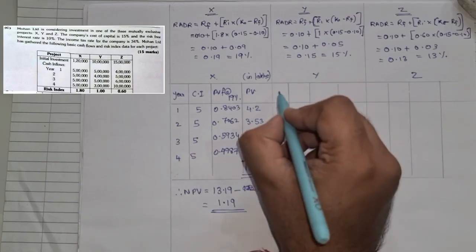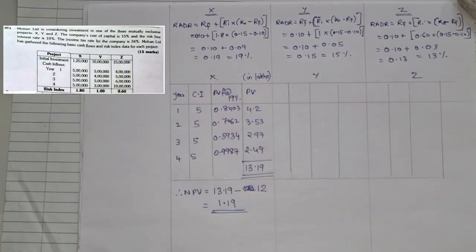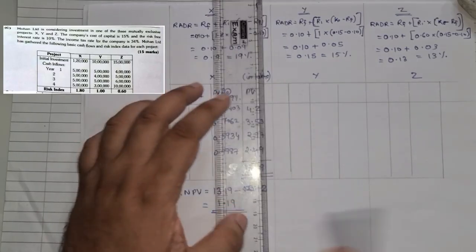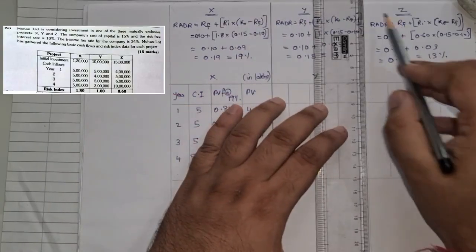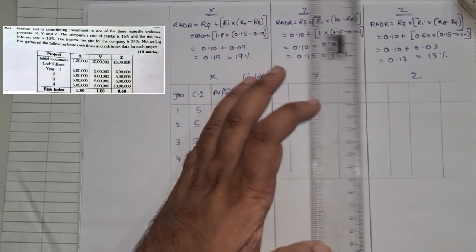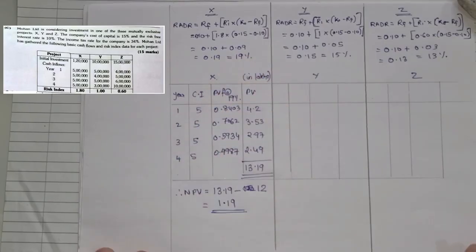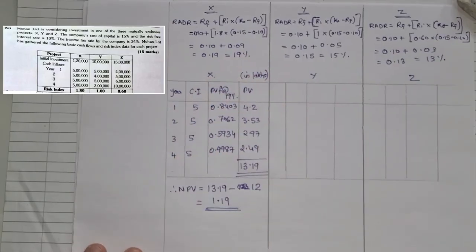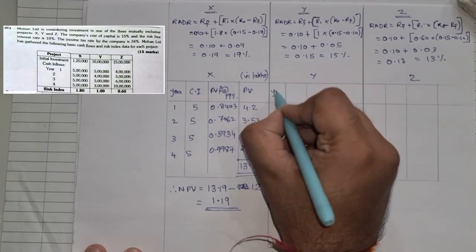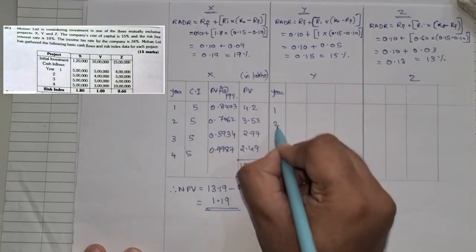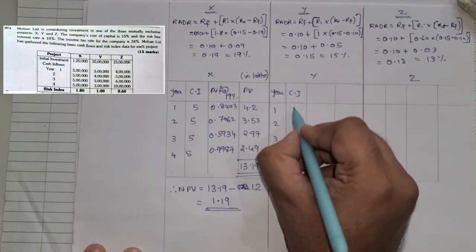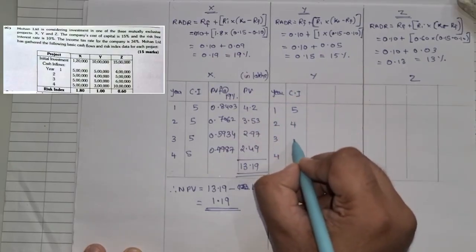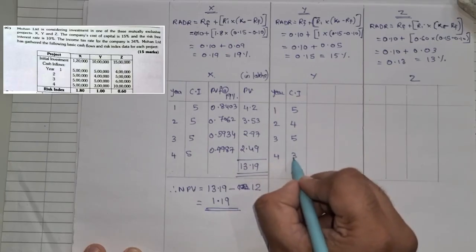Same way we'll start with Y now. Just for you all to distinguish, I'll darken this line so there is a proper distinction between the 3 columns. For Y, we have years 1, 2, 3 and 4. We have cash inflows 5 lakh, 4 lakhs, again 5 lakh and 3 lakh.